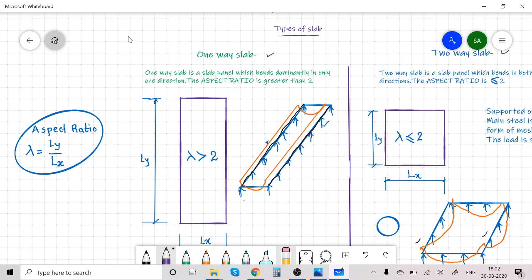Now let us consider first what is aspect ratio. Aspect ratio is the ratio of longer span to shorter span of the slab panel.